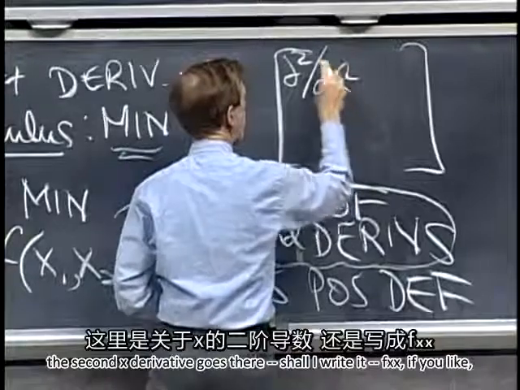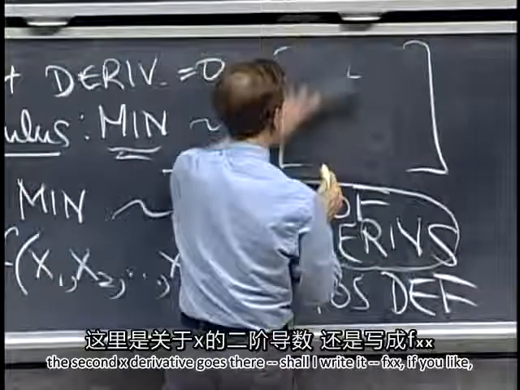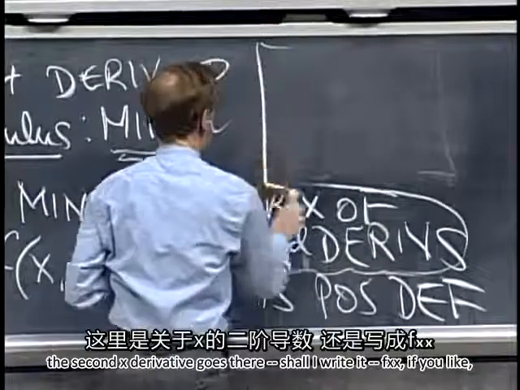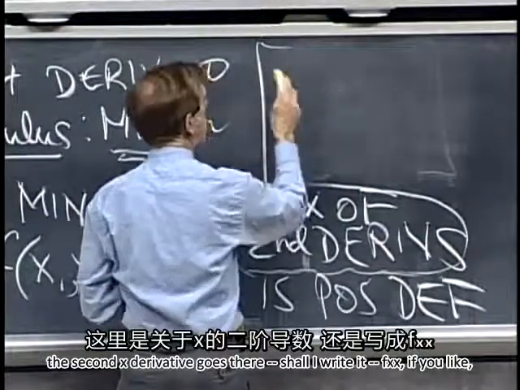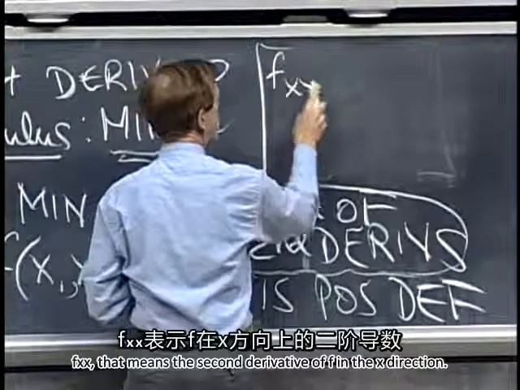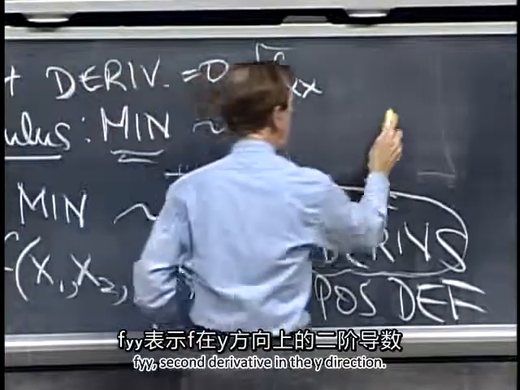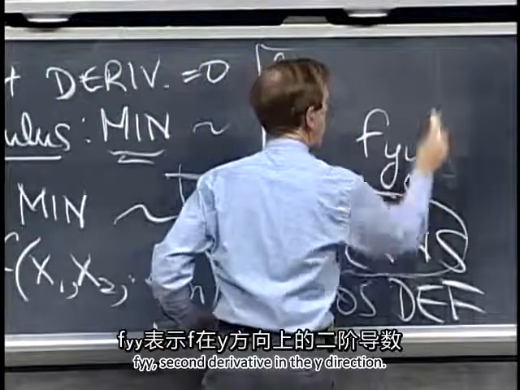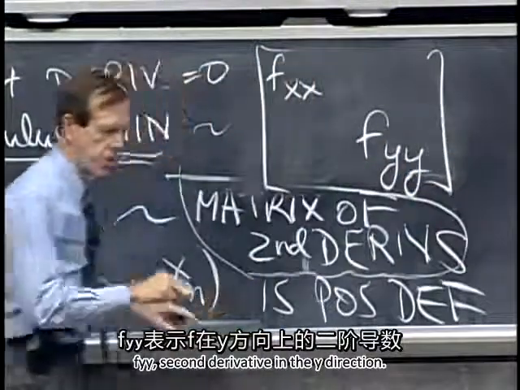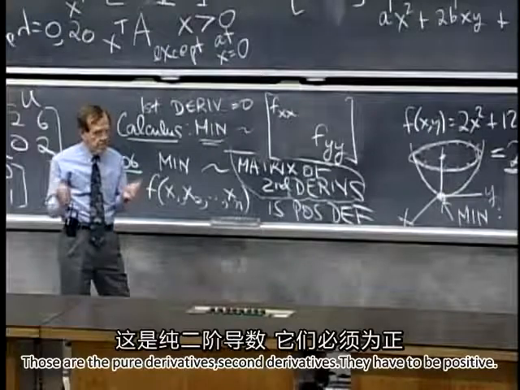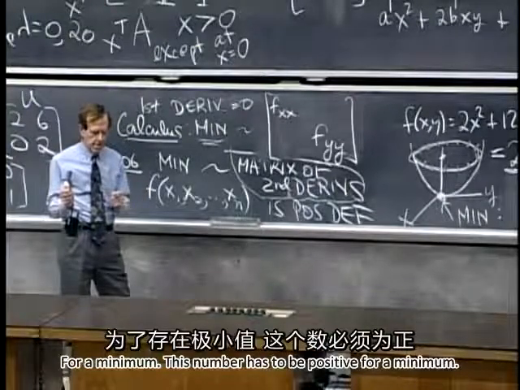The second x derivative goes there. This is fxx, if you like. fxx means the second derivative of f in the x direction. fyy, second derivative in the y direction. Those are the pure second derivatives. They have to be positive for a minimum.